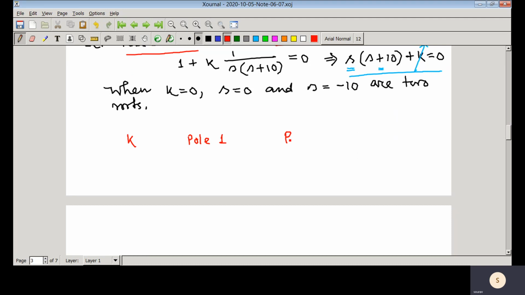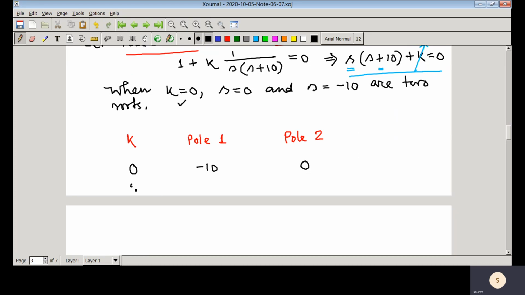So for k equal to 0, pole 1 is minus 10 and pole 2 is 0.